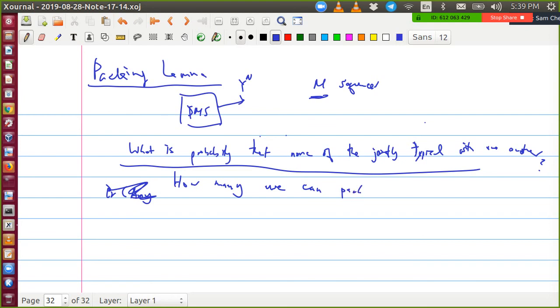How many independent sequences can we pack? Each of them is Y^n. Yes. So here we set m, but the question is more or less how many independent sequences we can pack such that they are not jointly typical.